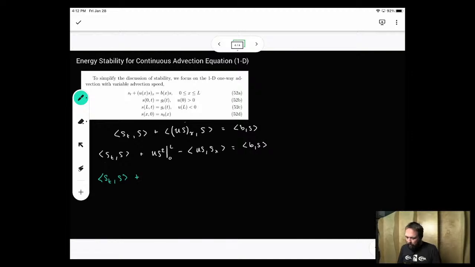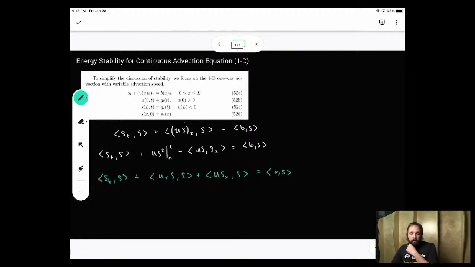And if I apply a chain rule on this usx term, what we end up having is uxs, inner product with s. That's the first one. And on the next one, I get usxs. All right, and that's equal to b, inner product with s. Cool.